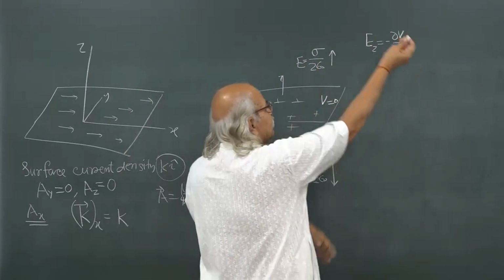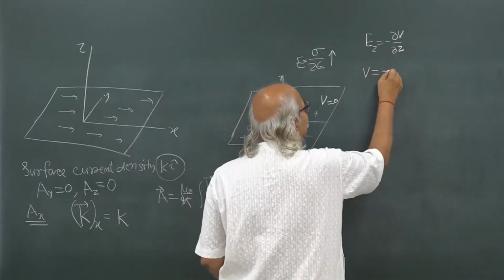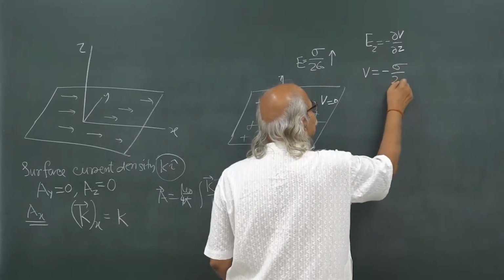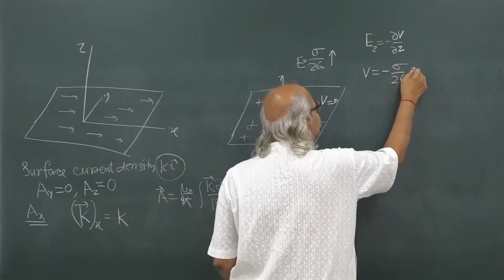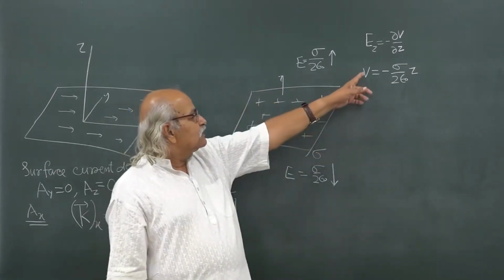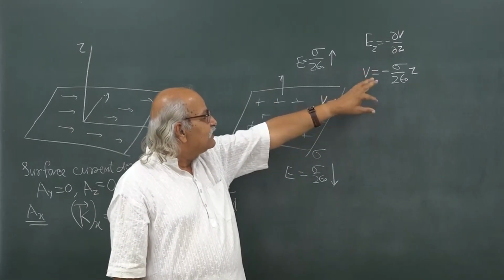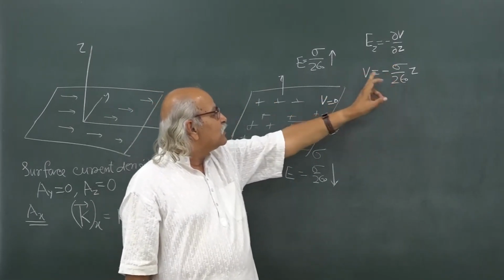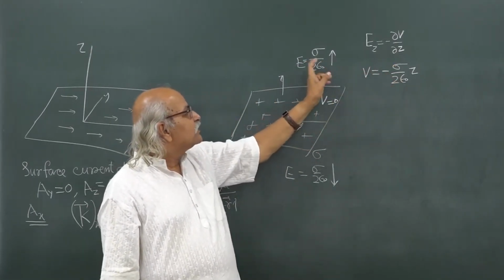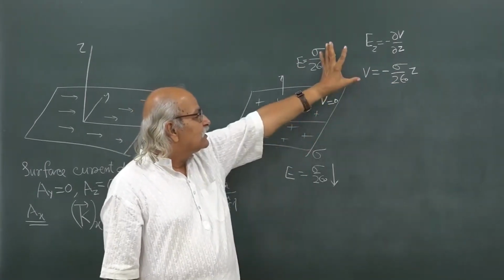So, you can immediately do this algebra and write V as minus sigma by 2 epsilon naught times z, right. So, that when you do minus dV by dz, you will get sigma by 2 epsilon naught, which is the z component of the electric field. So, this is the potential here.